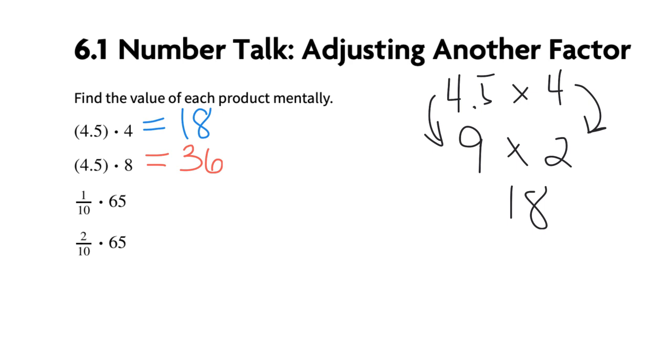We know our place value: 1/10 of 65 is 6.5. If we divide 65 by 10, the digits go one space to the right, or you could think of it as the decimal goes one space to the left, and you get 6.5. Therefore this one is going to be twice as much, because 2/10 is twice as much as 1/10, and so our final product is going to be 13.